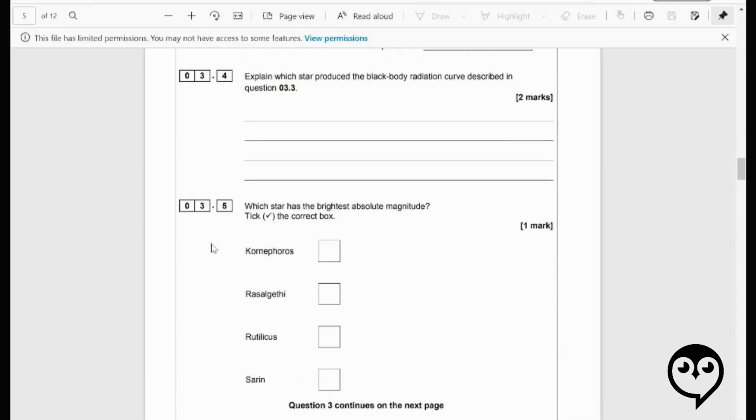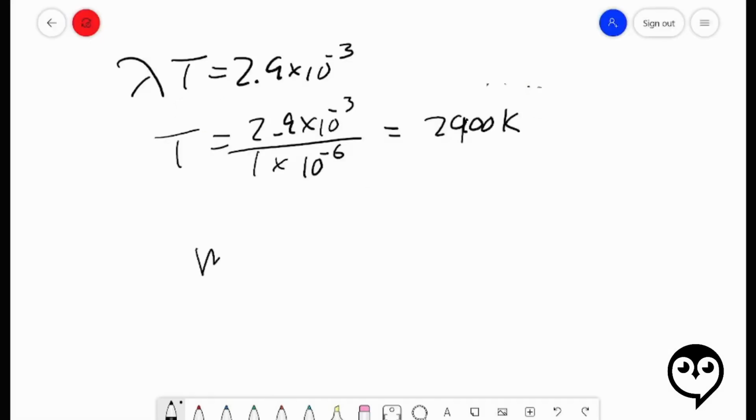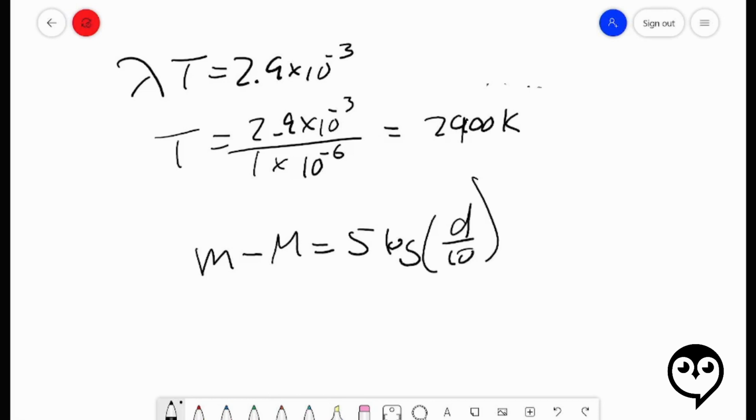Which star has the brightest absolute magnitude? If you take a look at the apparent magnitudes, they're all very similar. And if you think back to this equation here, with all of these apparent magnitudes being kind of the same, let's rearrange this.